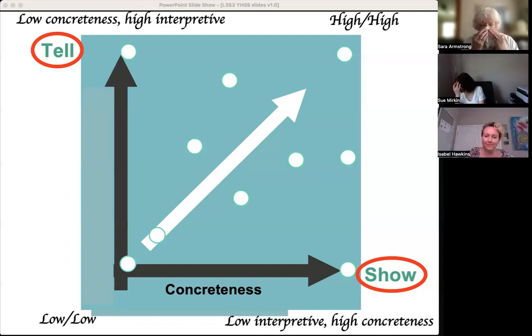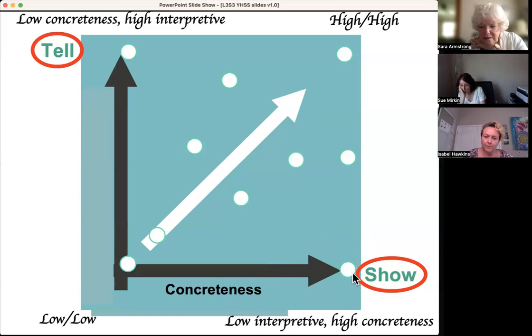So we're getting concrete stuff, but because of the nature of the North Pole, that's giving us a little sense of interpreting how cold it is. So for me, I would put this pretty low in the concreteness, but a little bit higher on the interpretive.